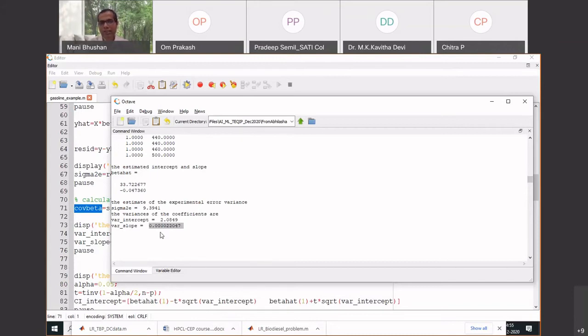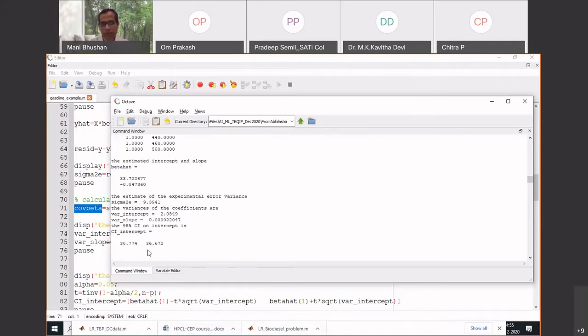And now, as I said, if I assume a certain distribution, which one can derive for these beta hats, then you can use that to construct confidence intervals on the true intercept and the true slope. Okay, so this is what has been done here. A 95% confidence interval on the intercept is this: 30.774 is the lower value, 36.672 is the upper value.